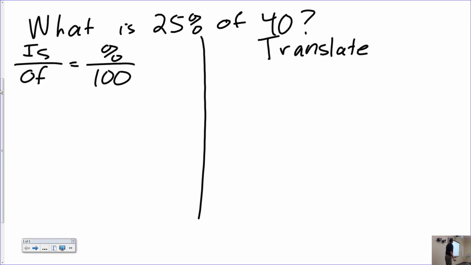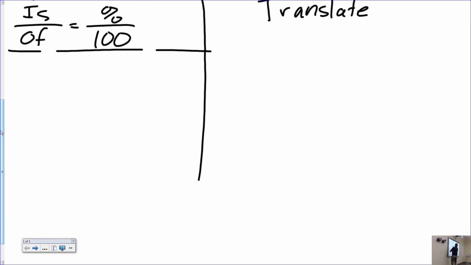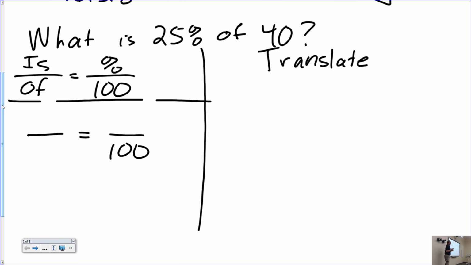All right? So, the idea, folks, when you are doing is over of equals percent over 100, the concept is when you start the problem, you always start with a fraction equals a fraction. And you automatically put the 100 in there, okay?